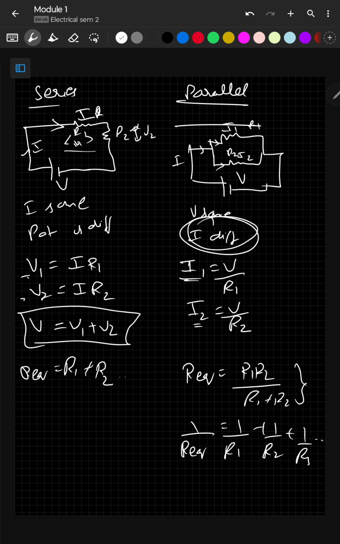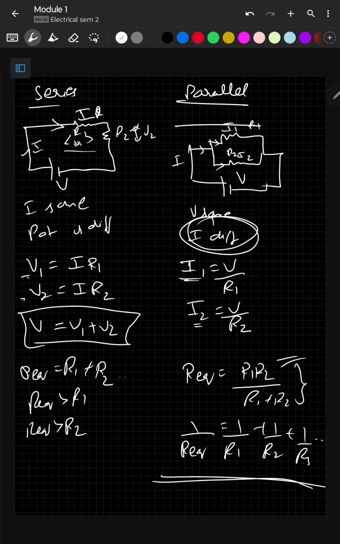It's fine if you have forgotten these formulas; now you have learned it, now you will remember it. So for two resistors use the first form, otherwise use 1 by R equivalent, and after solving you have to get the R equivalent term. Here in series, R equivalent is R1 plus R2, so R equivalent will be greater than R1 and also greater than R2.